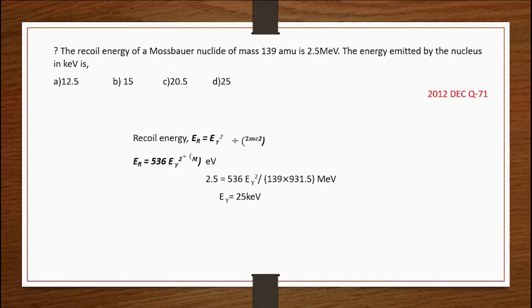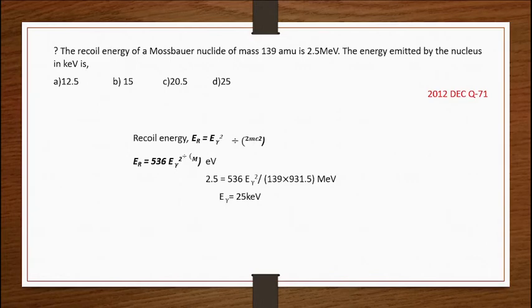What they have given is the mass in AMU, 139 AMU, and the recoil energy is given in electron volt. So you have to substitute in this equation, ER is equal to 536 E gamma square divided by M. Here you have to convert the AMU into electron volt.